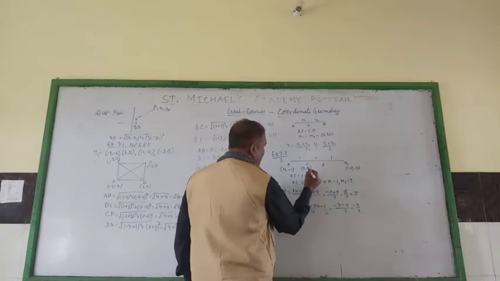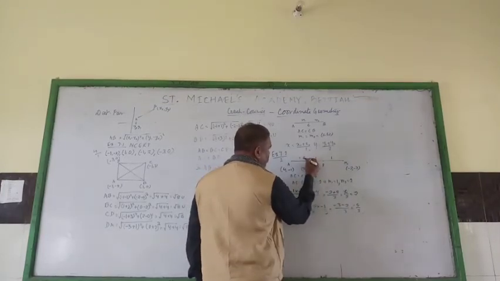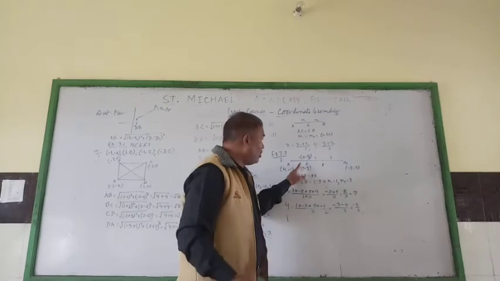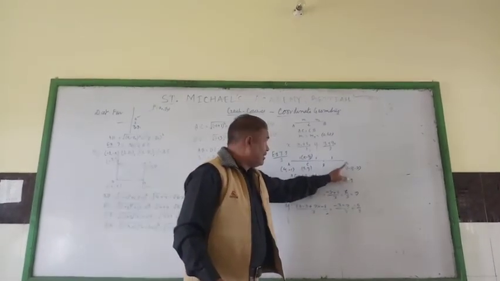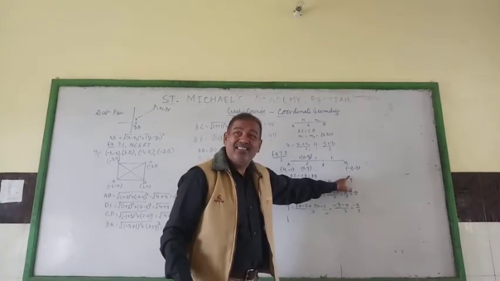अब यहाँ पर ये कोऑर्डिनेट कितना हो गया बच्चों? यहाँ पर 2 and -5 upon 3. Now please look at the board, this portion CB. This point D is the midpoint of CB.